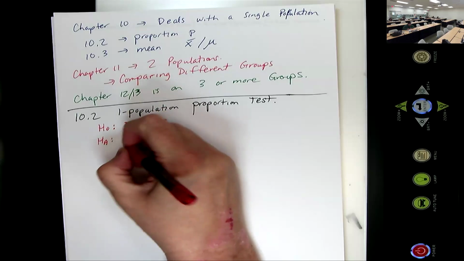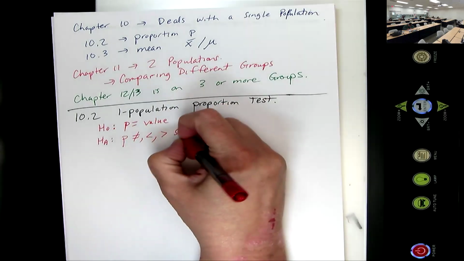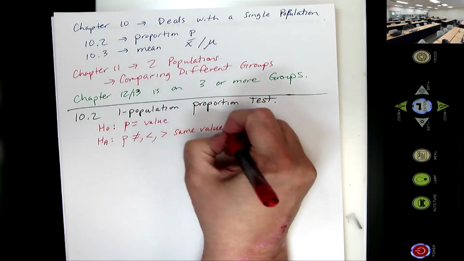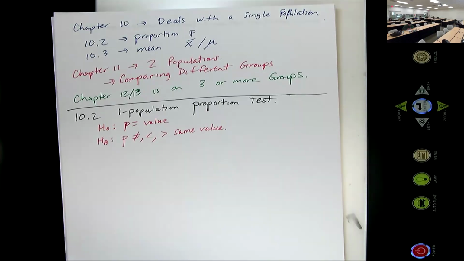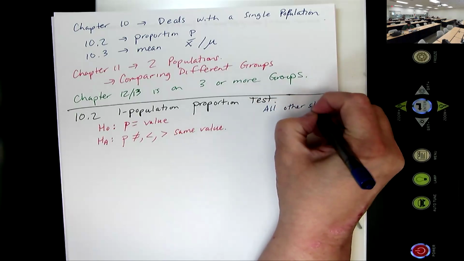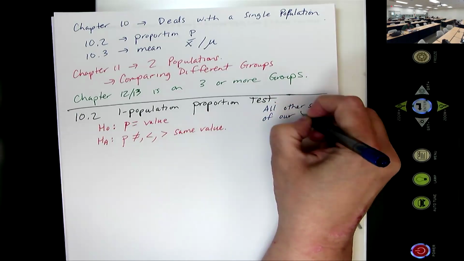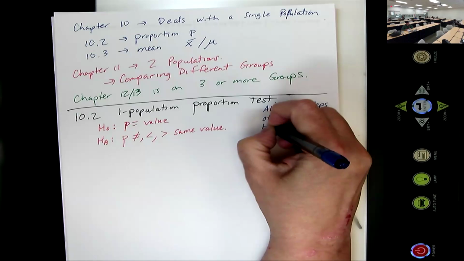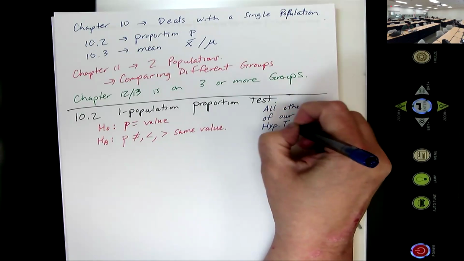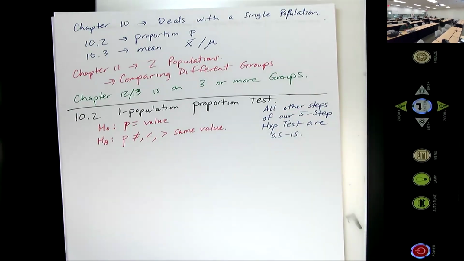And then HA is P either doesn't equal, is less than, or greater than the same value. All other steps of our hypothesis test are as we talked about before. The only one that changes.